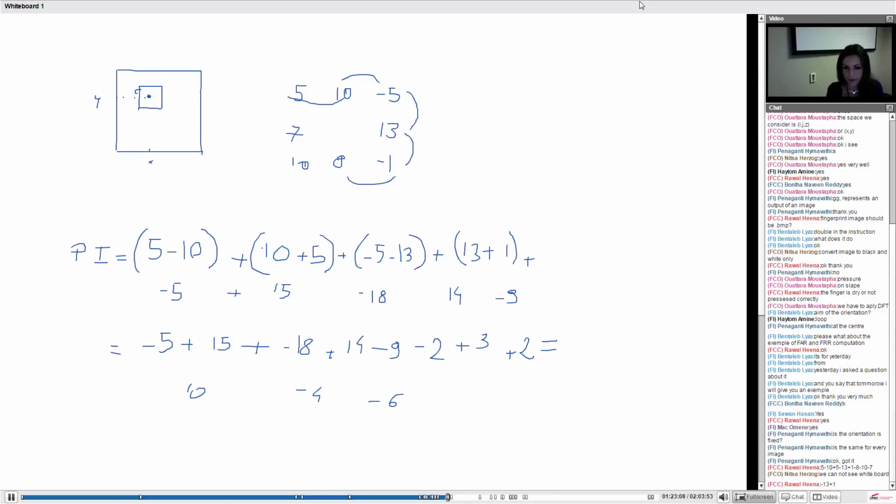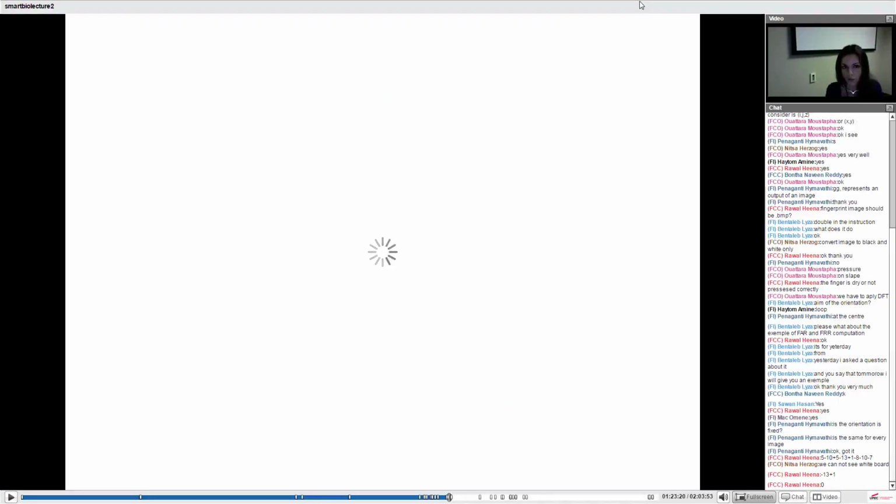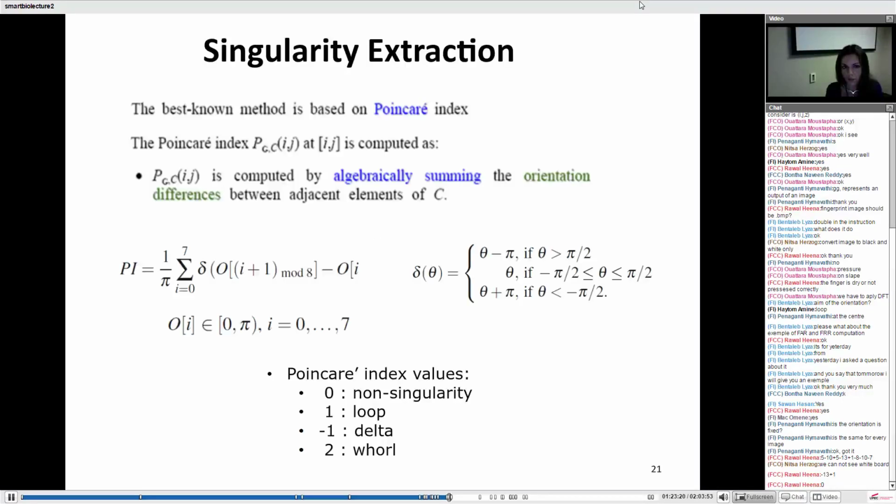This is 10 here, minus 4, minus 6, right? Because this is, and then we have, which one is the result? So 10 minus 10 is 0.